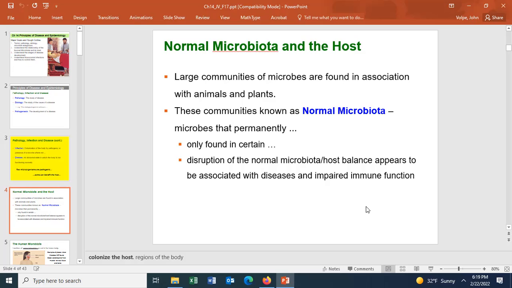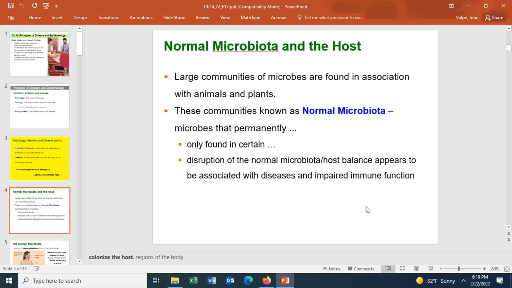That would disrupt the normal microbiota host balance. That disruption could lead to diarrhea or constipation in the patient.